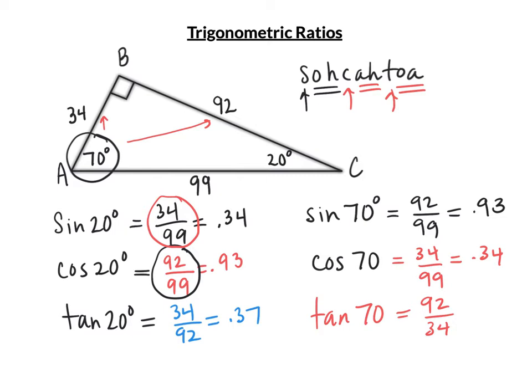Notice right here that these two are reciprocals of each other. 92 divided by 34 is 2.71. So this is about 2.71.